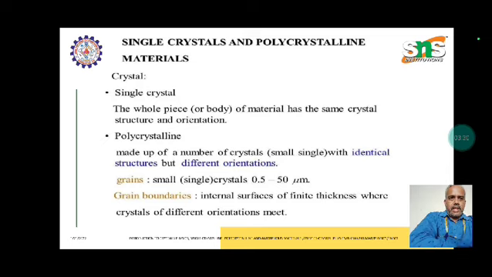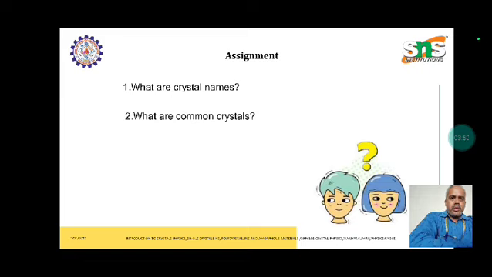The next one is single crystal and polycrystalline material. A single crystal material has the same crystal structure and orientation, and polycrystalline has an identical structure but in different orientations. So the grain boundary becomes a change of some thickness.